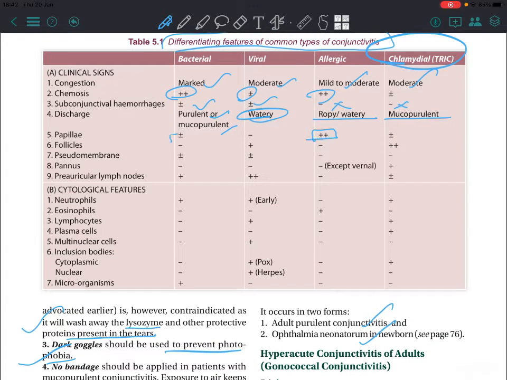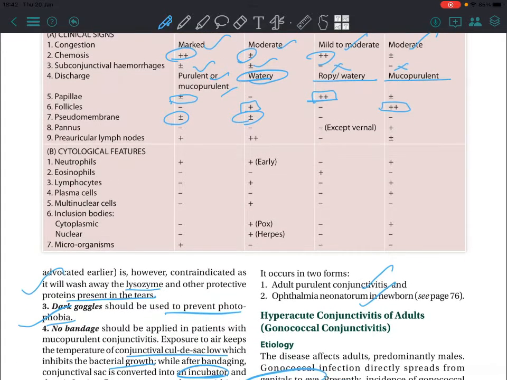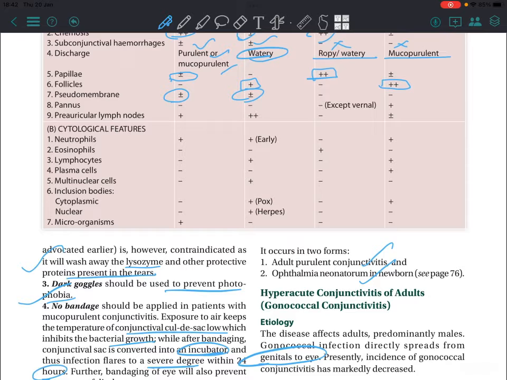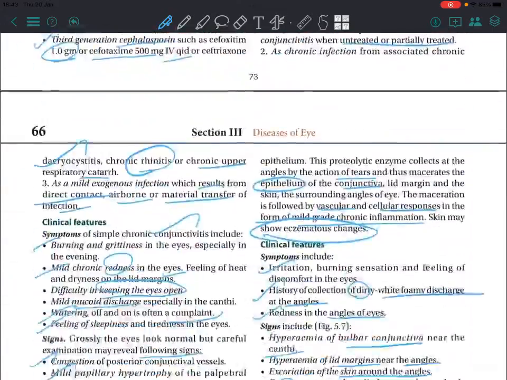Papillae present or absent. Follicles, pseudomembrane. Cytology features: neutrophils are present, pox, herpes not present.